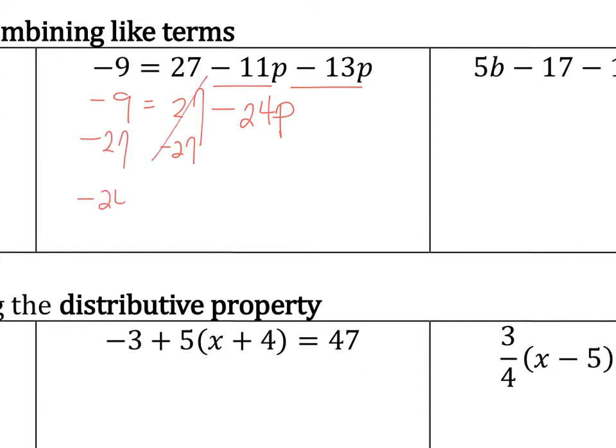I'm going to write negative 24p on the left hand side, and this would be negative 36, and p will be positive 36 over 24. And we can simplify this, and this would be 1.5.